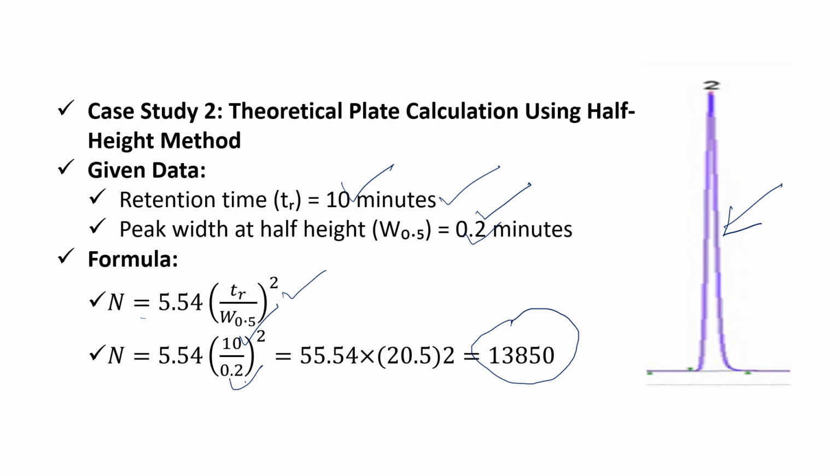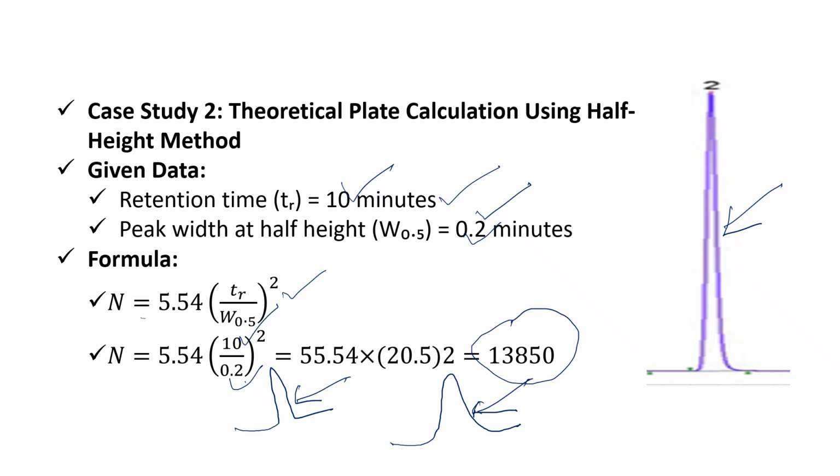When your peak is sharp, in that case use formula 1 to calculate the theoretical plate. But when your peak is broad, in that case you use formula 2, like clarithromycin, azithromycin, erythromycin, etc.